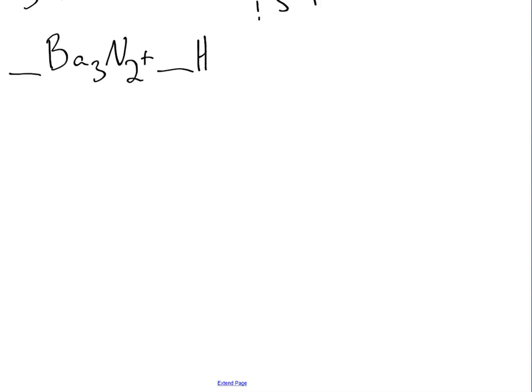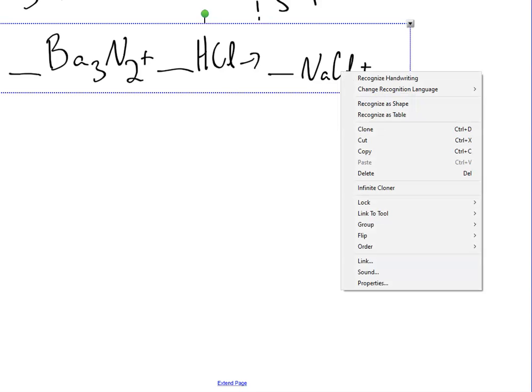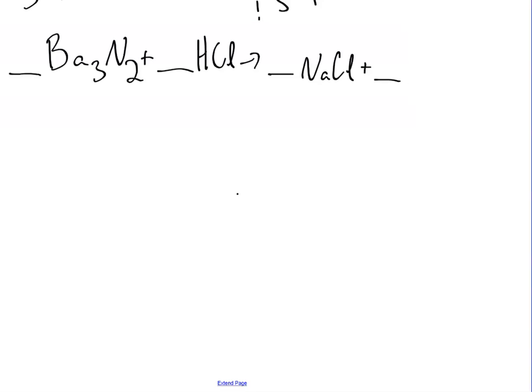HCl, hydrochloric acid, also known as hydrogen chloride, yields NaCl, sodium chloride, plus, oops, I looked at the wrong thing. Is this gonna work? No, it's not. Let's see, where'd my eraser go? There it is. I got my questions mixed up.